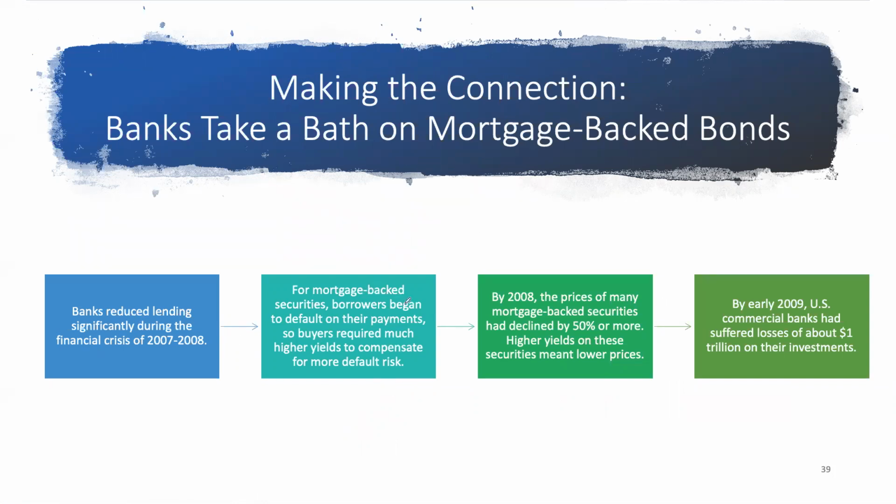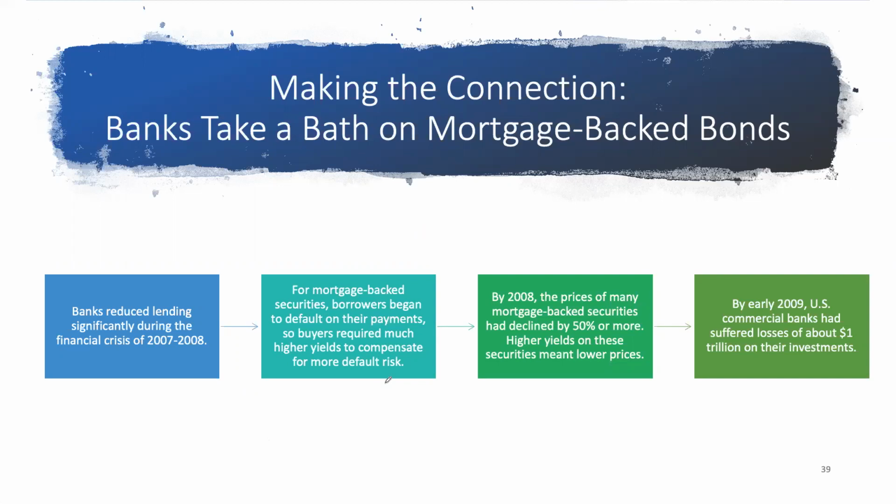In the mortgage-backed securities market, we talked about this, borrowers began to default on their payments. So buyers required much higher yields to compensate for more default risk, which is to say, as more and more borrowers were underwater on their mortgages, they stopped making these payments. These bonds became very risky.